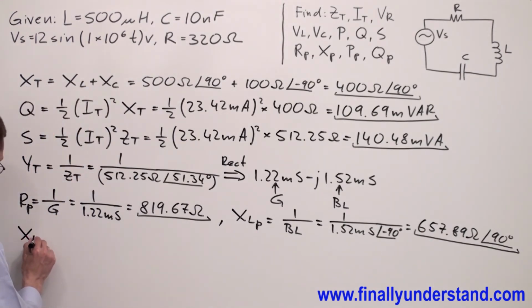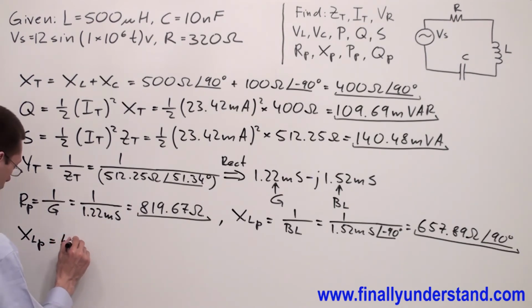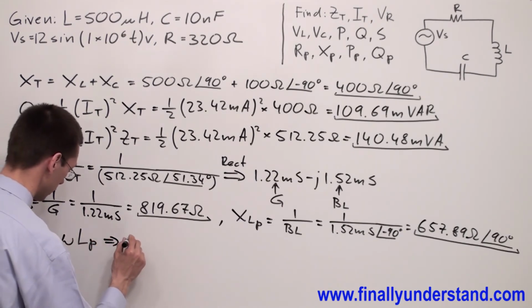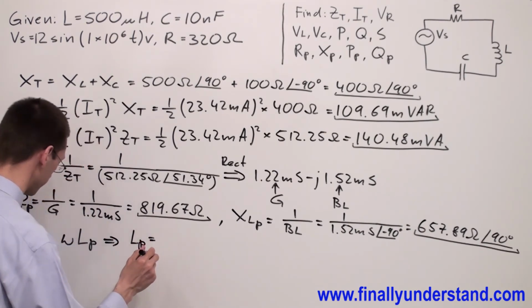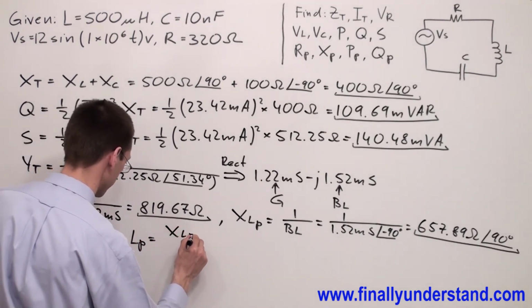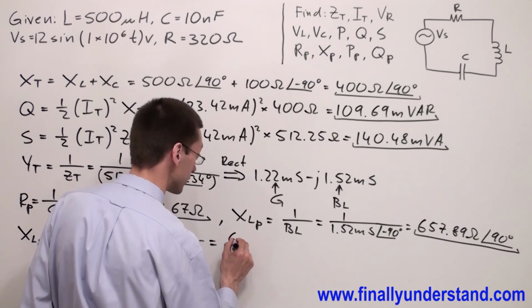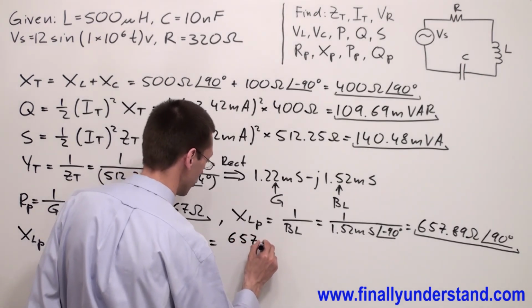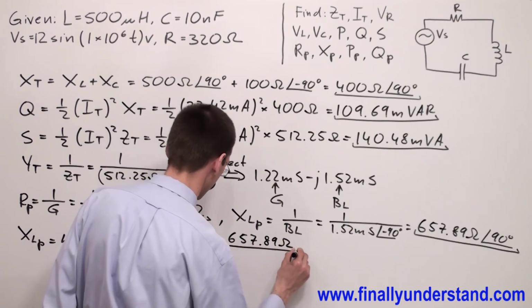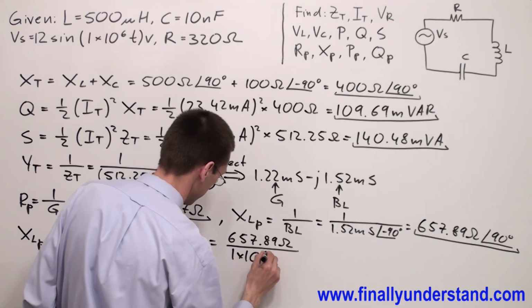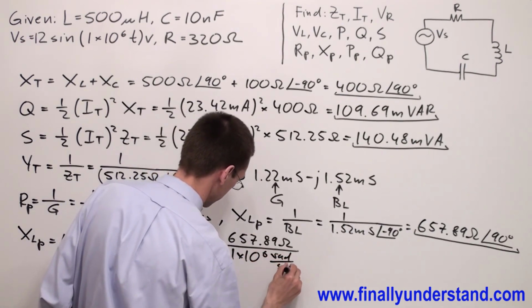So X of LP is equal to omega LP, where in order to find LP, I'm supposed to divide both sides of the equation by omega, and I'm going to obtain the formula LP is equal to X of LP over omega, which is equal to 657.89 ohms divided by omega, which is equal to 1 times 10 to the 6th radians per second.